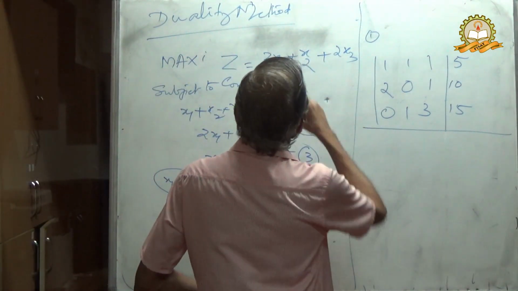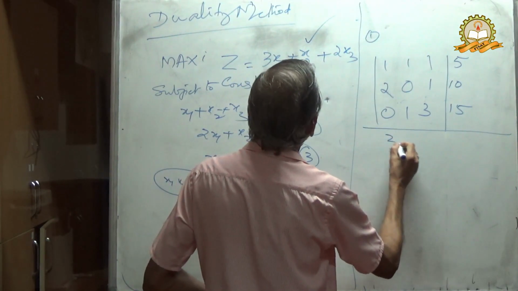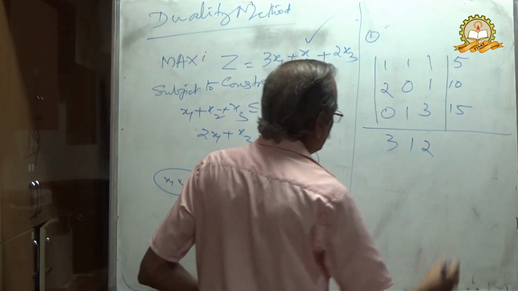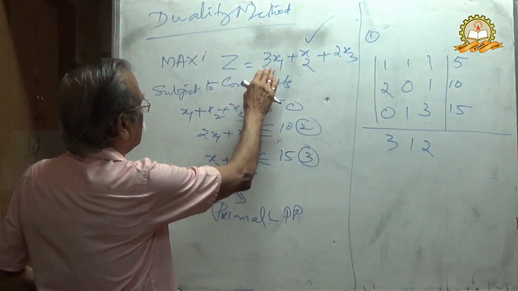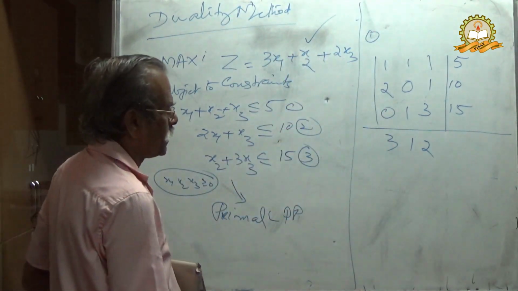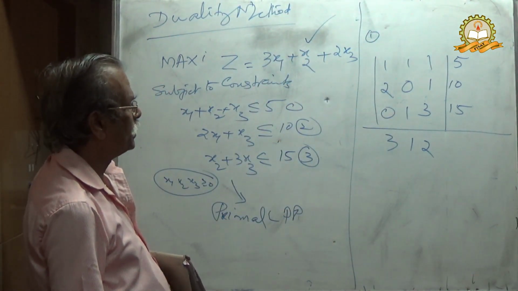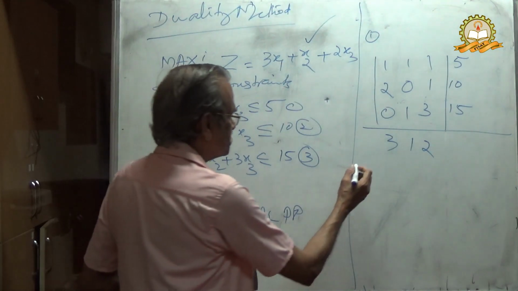Underneath we write the coefficients of the objective function: 3, 1, 2.